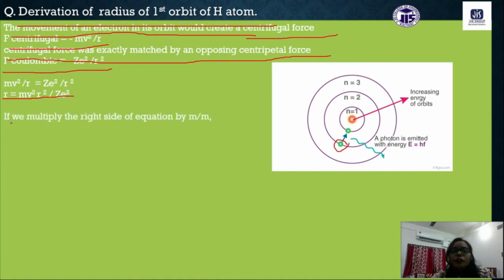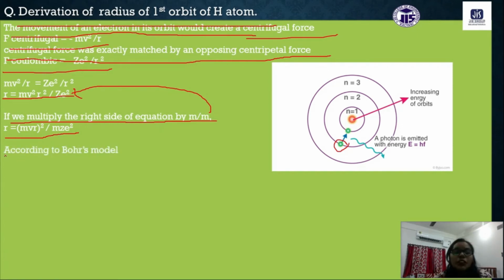If we multiply the right side of the equation by m by m, what will happen? You can see r equals to, we can write down mvr whole square divided by m z square.